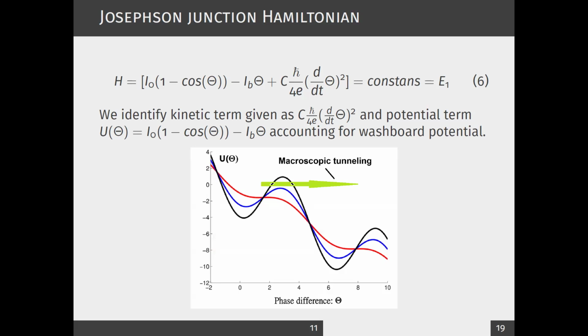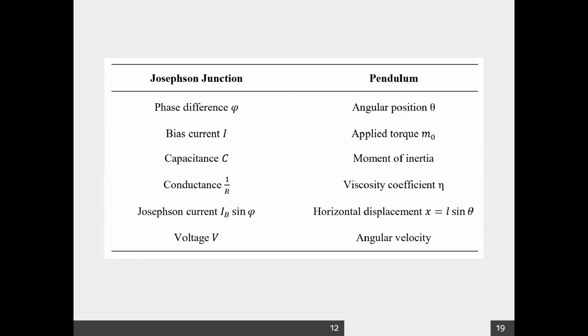And from last week, actually from the last 2 weeks, due to the long vacation period, we have this picture of existing analogies between the pendulum and the Josephson junction, which was very much pronounced.